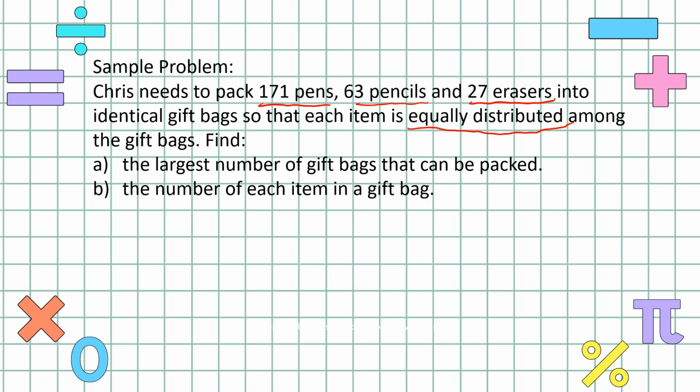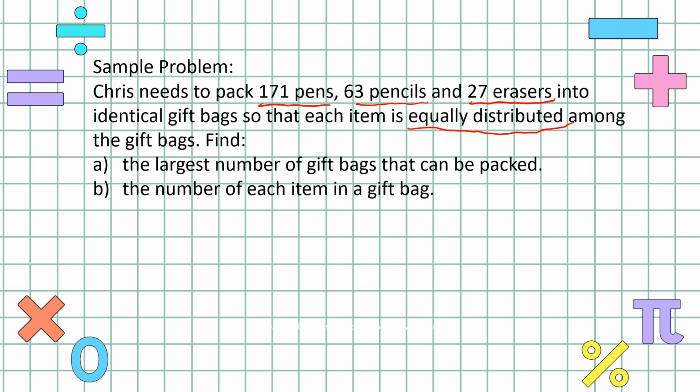Okay, I underlined the most important clue in the question: equally distributed.